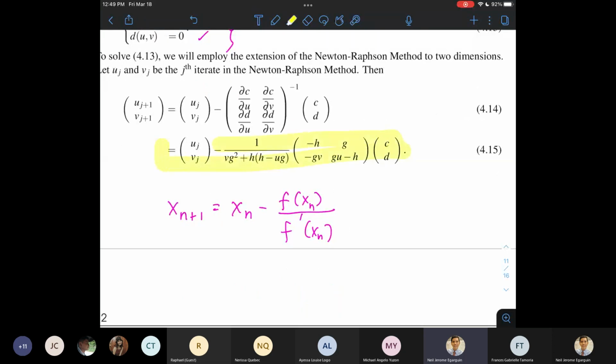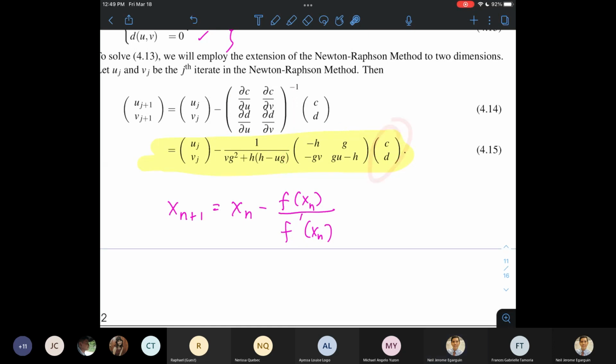Example, equation 4.15. Okay? So ito ay yung usual vector iterate, yung previous iterate. Tapos minus this guy, ito yung determinant nung inverse nito. Okay. Tapos siya yung determinant nito. Okay. Tapos matrix lang to of some constants, all right?